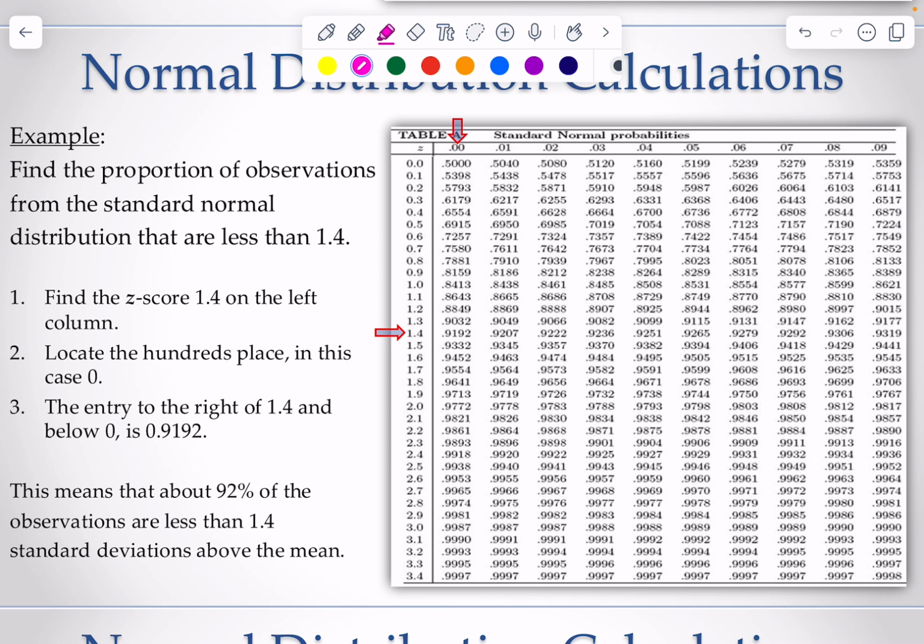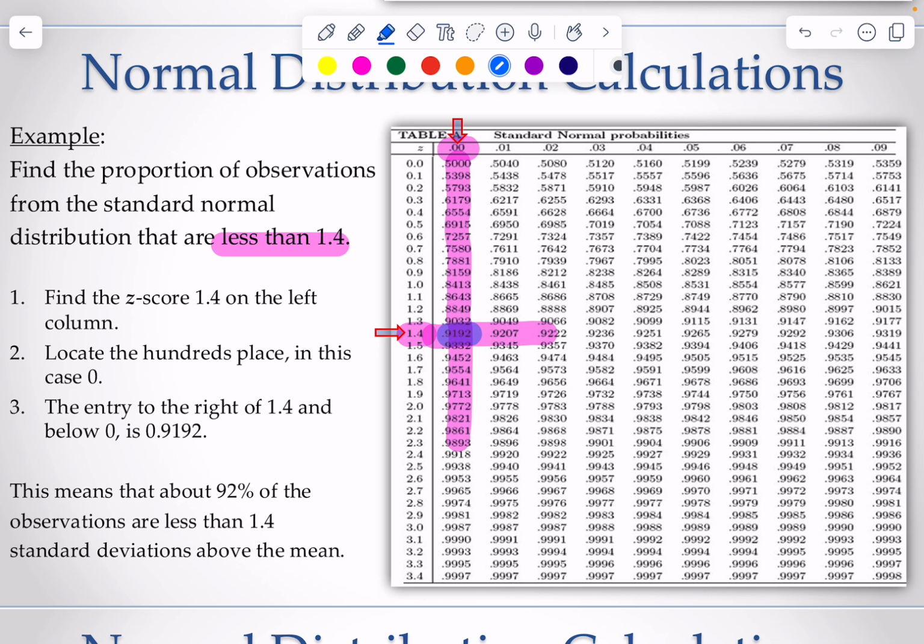So if I'm looking for the proportion of observations that are less than 1.4, I locate 1.4 on the left column. Since it's 1.40, it's not stated there, but I have the 0 hundredths place, so I look for the 0.00 on the top. And then where those two intersect is what I'm actually interested in here, which would be 0.9192.